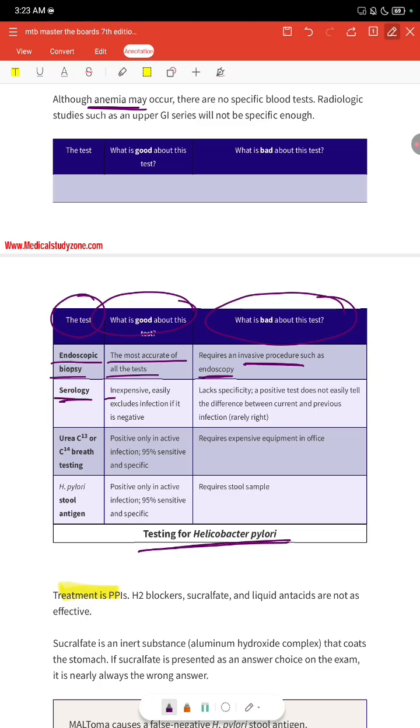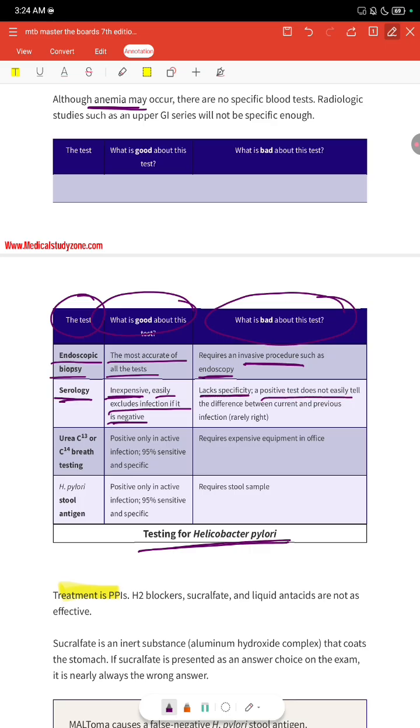Serology: inexpensive, and it easily excludes infection if it is negative. So it is a good thing that it is not expensive, and also it excludes infection if it comes out to be negative. But the problem is that this test lacks specificity.